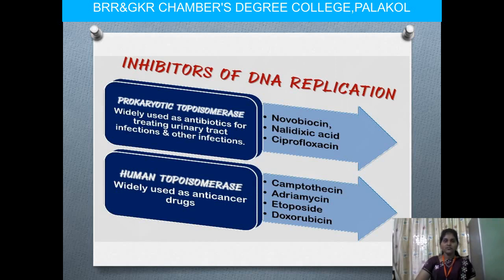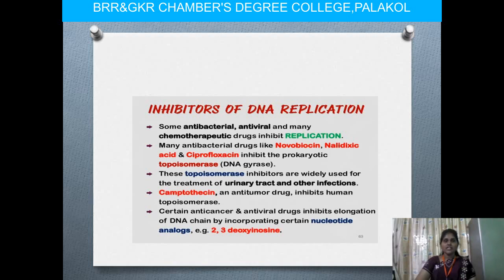If we use these continuously, they will stop DNA replication, and these different types can work on different organs. When we use these antibacterial drugs like novobiocin, nalidixic acid and ciprofloxacin, the inhibition of replication is done.